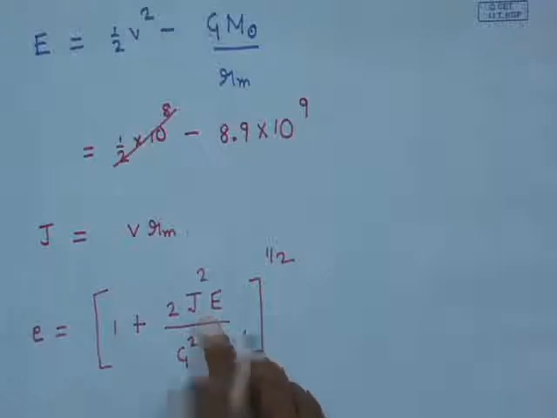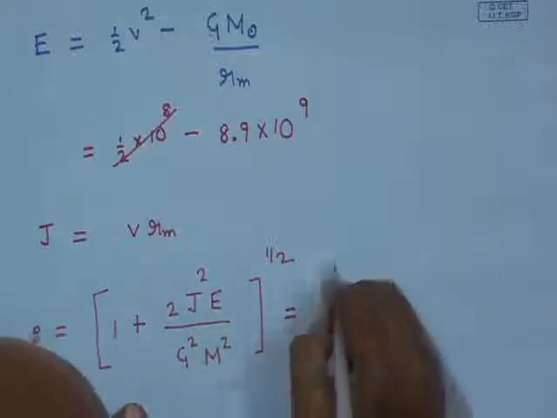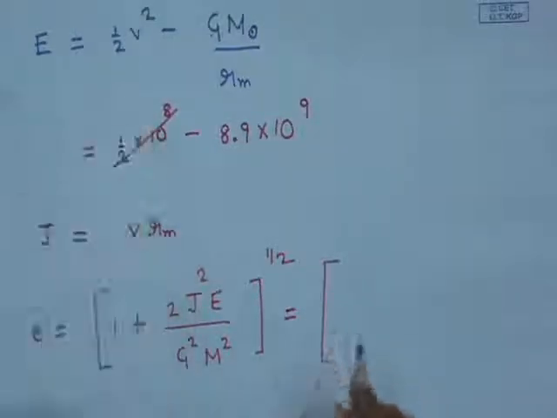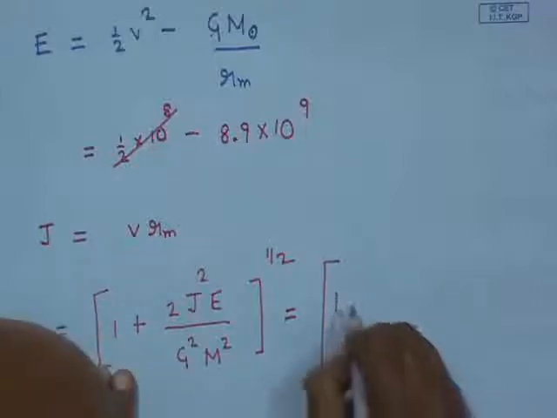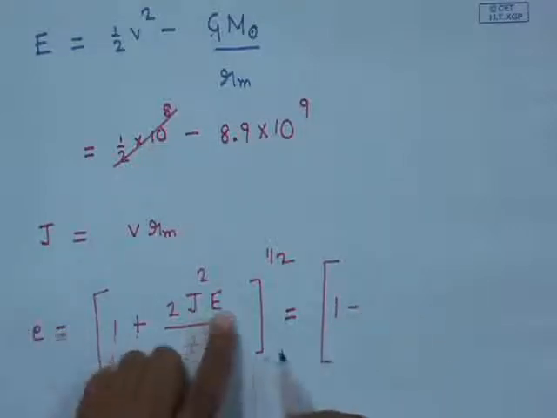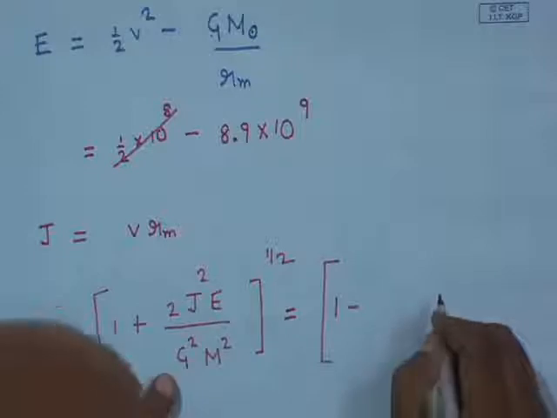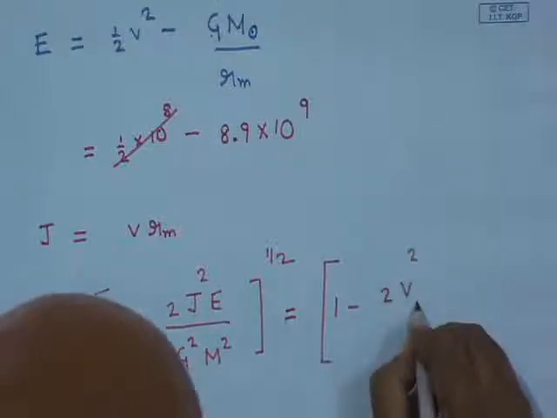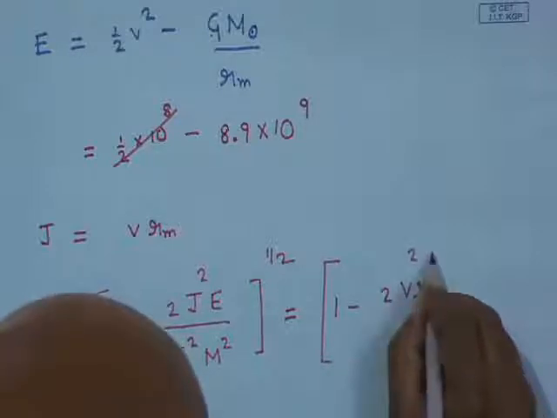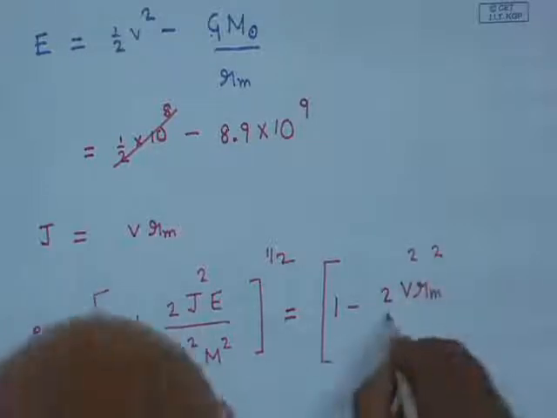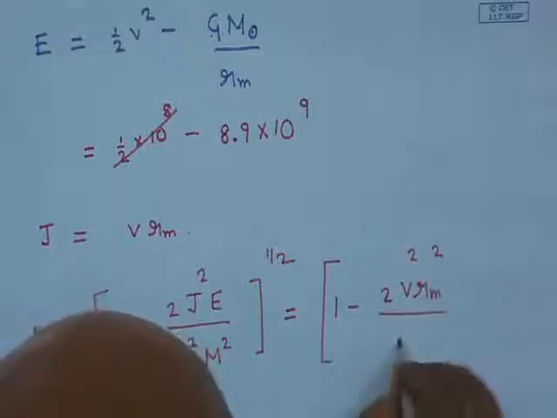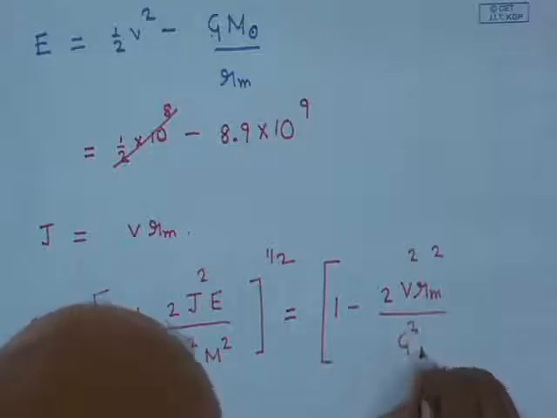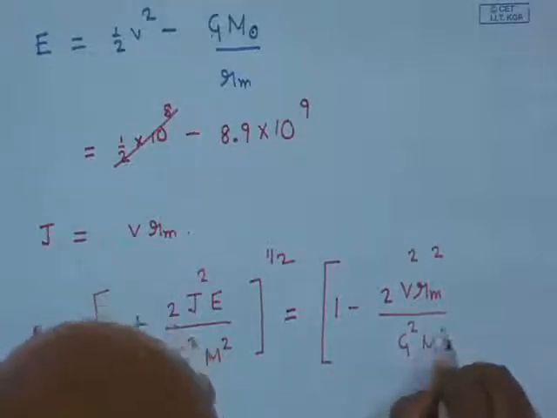And E we have seen, so for our situation this can be written as 1 minus, the energy is minus G M by r minimum, so this will be 2 v square r m square. I have written j, and in the denominator I have G square M square, and let me write the energy.